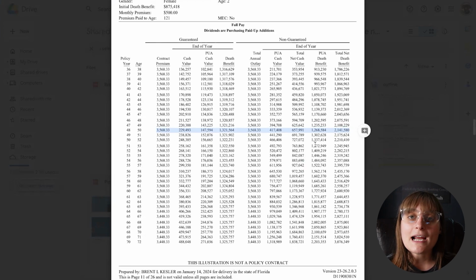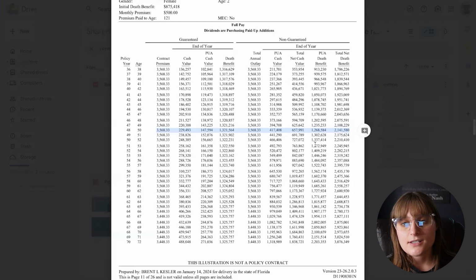Do you see what I mean when I say that you will never want to stop paying these premiums because of the growth and the uninterrupted compounding and that power that comes behind this vehicle?